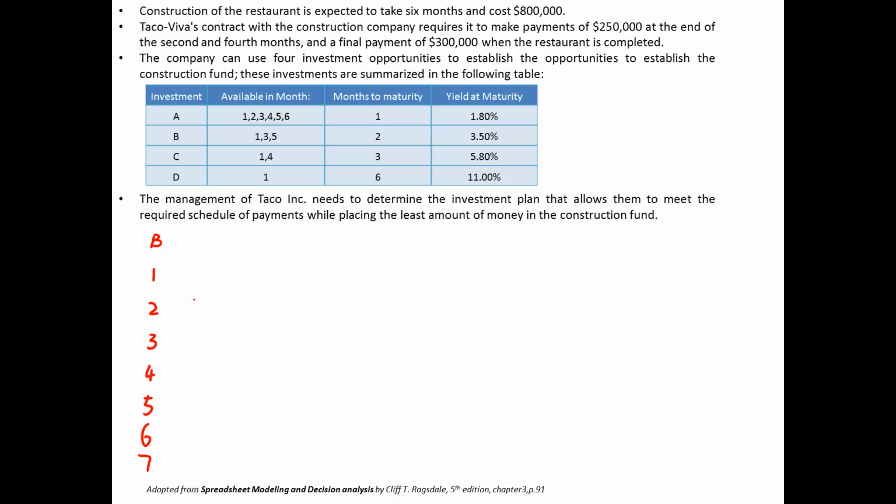Beginning of month 1, end of month 1. Here I use the beginning of month and end of month just to put those numbers here so it's clearer to us. 1, 2, 3, 4, 5, 6. So these are all the months that we are considering.